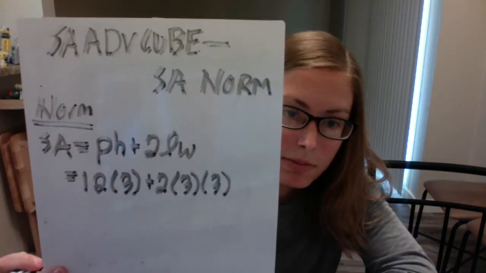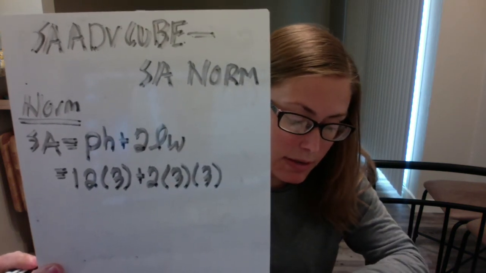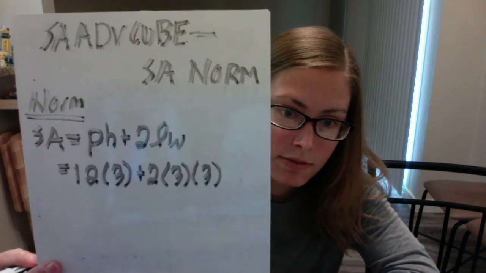The reason why the perimeter is 12 is because if we add up all the sides, 3 plus 3 plus 3 plus 3, that's 12. Simplify this down, we get 36 plus 18, which gets us to 54.